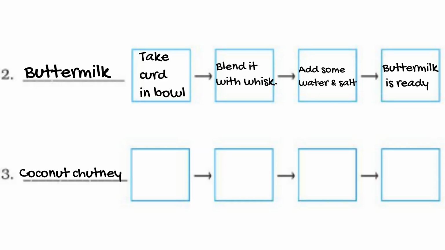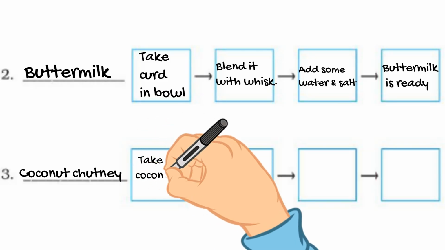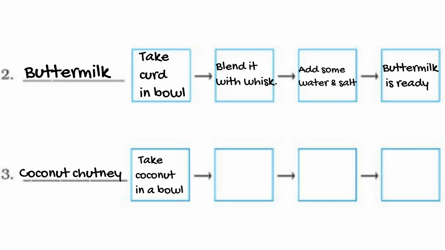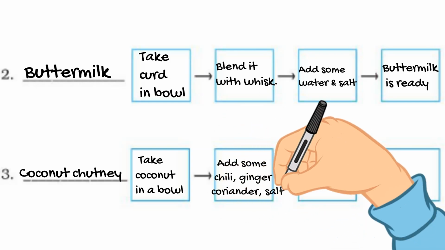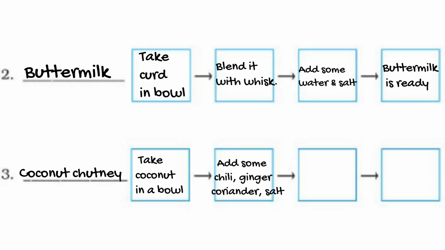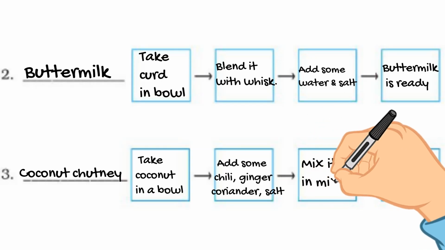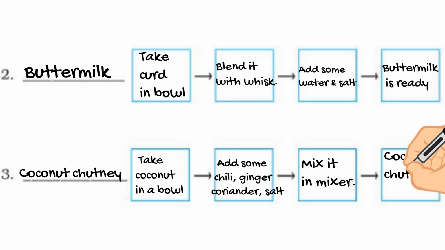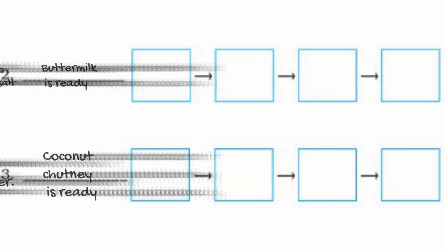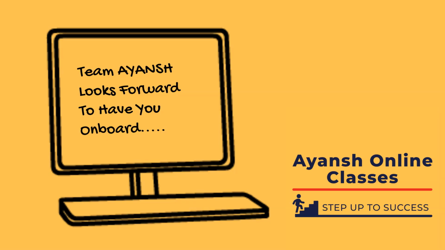Add some coconut, some ginger, some coriander leaves, and according to your taste you can add chili and salt. Mix it well using a mixer. The chutney is ready.